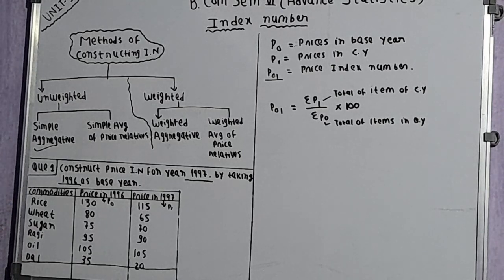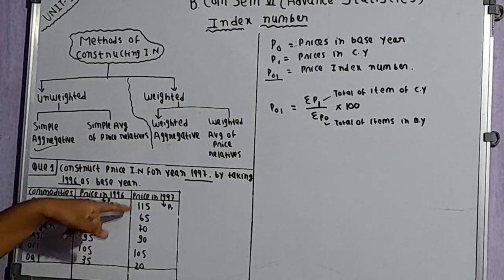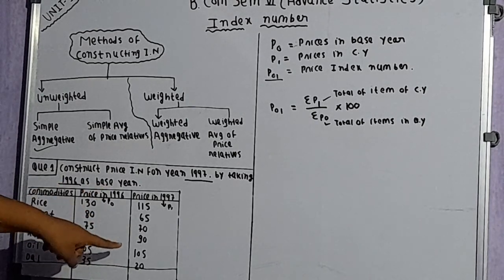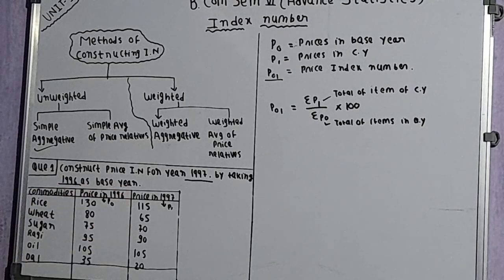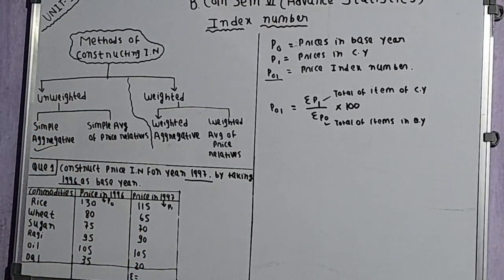First, what value do we have to find to put in the formula? We have to find summation P1. We are going to add the prices of items given in the current year to get summation P1. So let's do it.